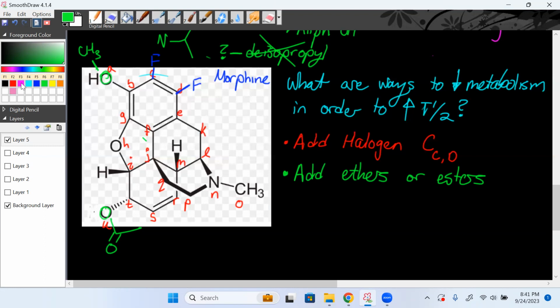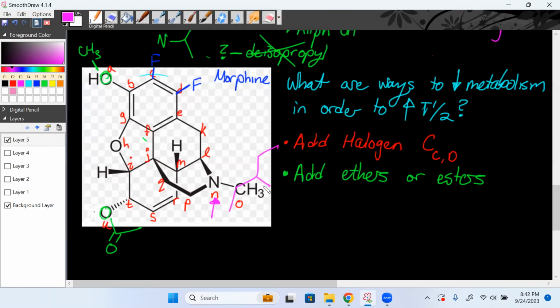What about specifically this nitrogen here? How could we modify what's going on with the nitrogen to help improve metabolism? Well, yeah, make this super long and branched, right?